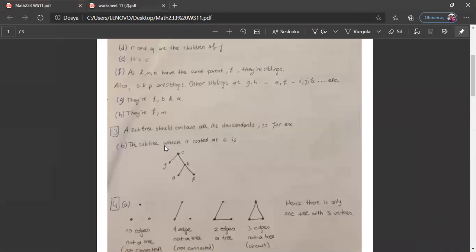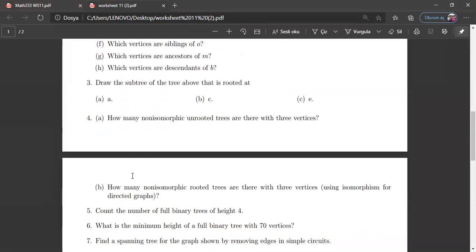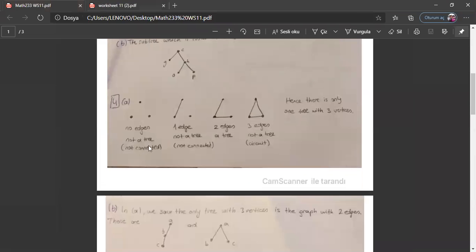Let's look at 4. So how many non-isomorphic unrooted trees are there? We want them to have 3 vertices. So let's write all graphs with 3 vertices. So if there are no edges, it should look like this.